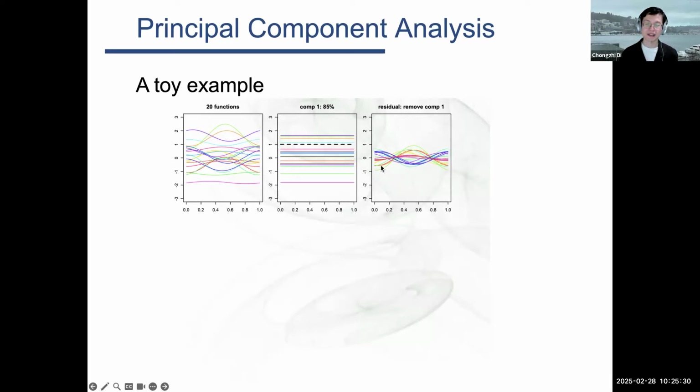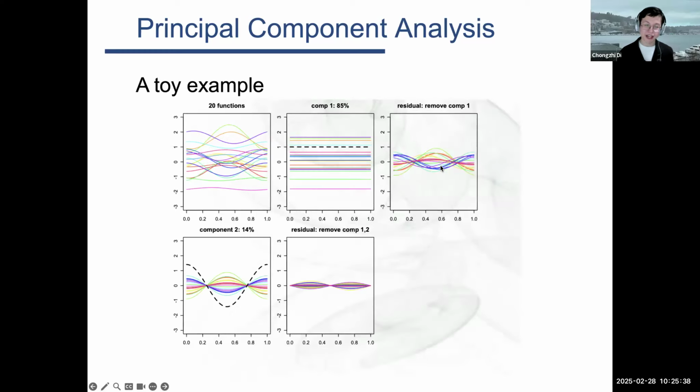Some go in the opposite direction: start low, increase, and then decrease. In fact, if we try to find the second principal component, that's the exact direction we get as well. The direction is indicated by this curve. It goes down and up.